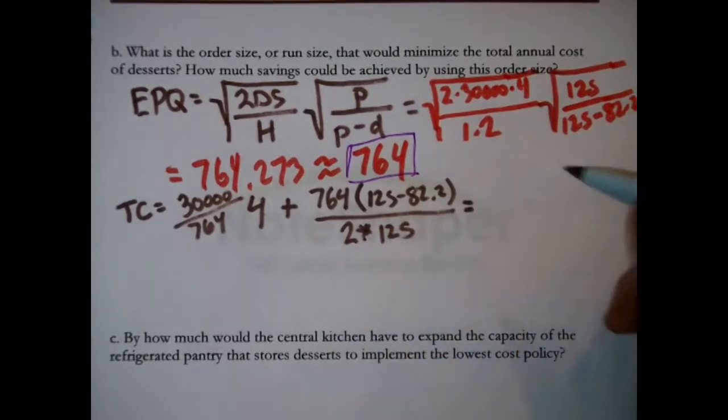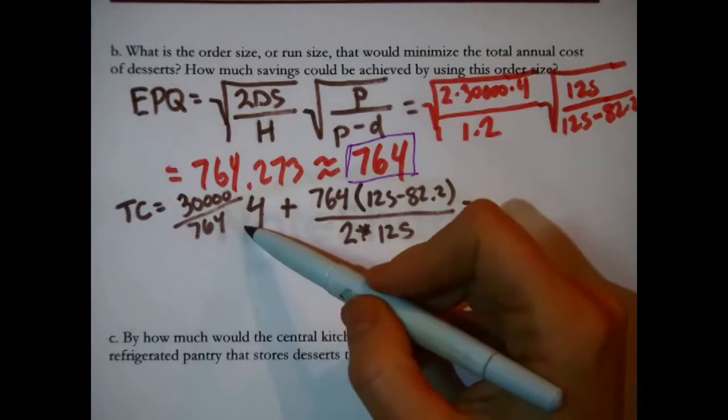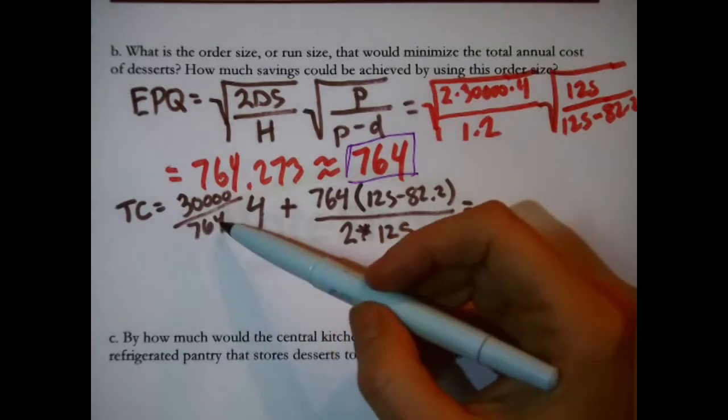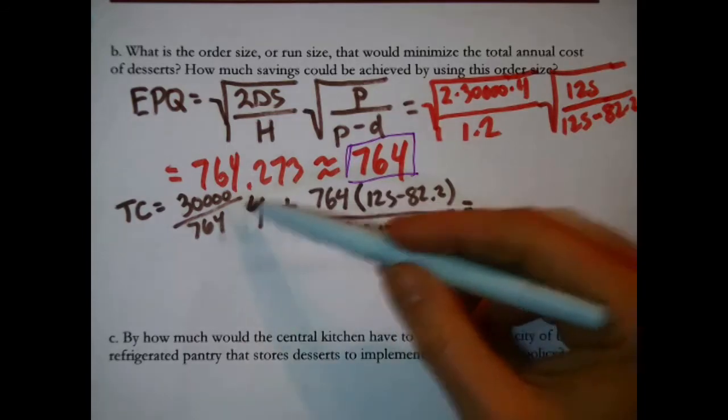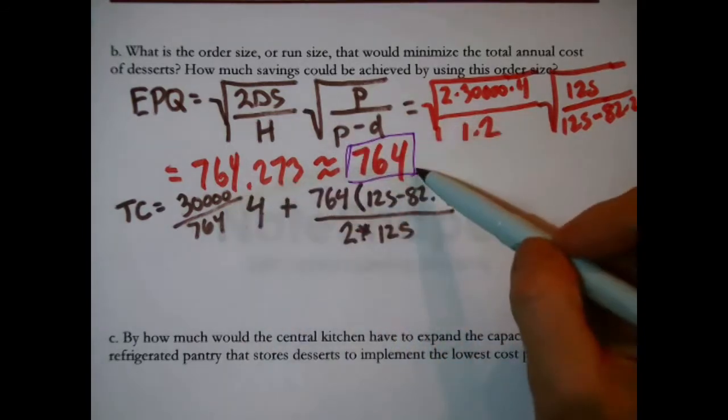I get that this part works out to be like 157.07 and this part 156.9. Oh, they come out, it's just the rounding here that is the only reason they're different.